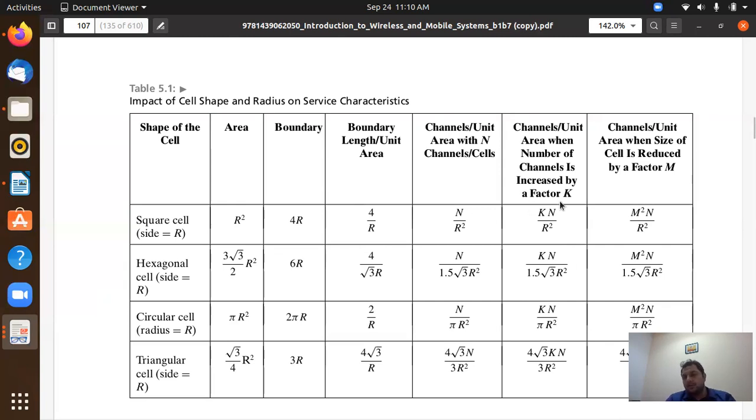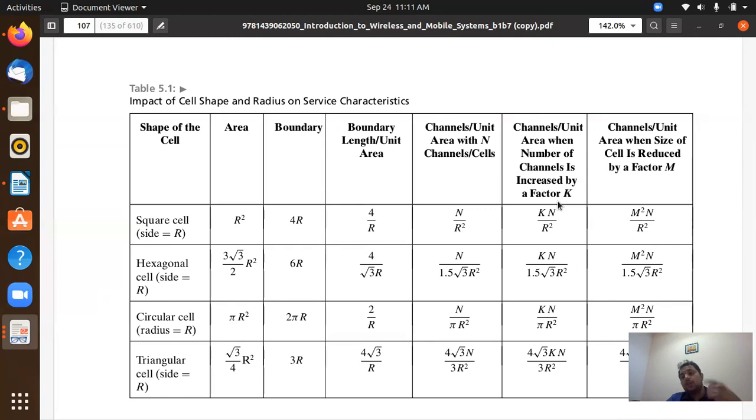Then the next one is if you increase the number of channels by a factor of k, what would be the new channel allocation? That means either you are increasing your frequency range, or if you are using some other technology, you are increasing your channel count by a factor of k.